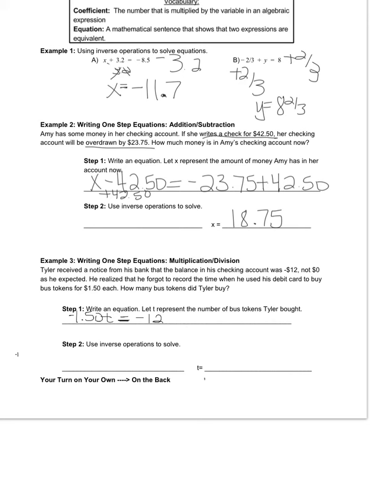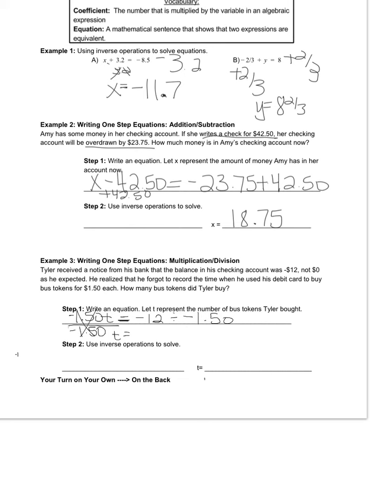So the inverse of multiplication is division. So I'm going to divide by negative $1.50 so that I just have t left on the left side. And then I'm going to do the same on the right, where I divide by the same thing, a negative 1.50.